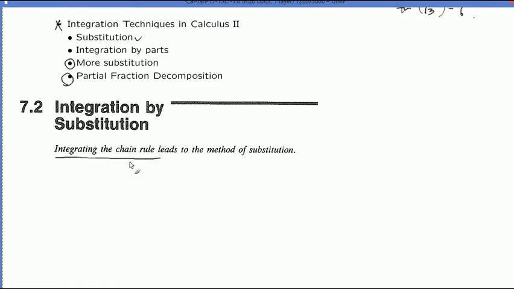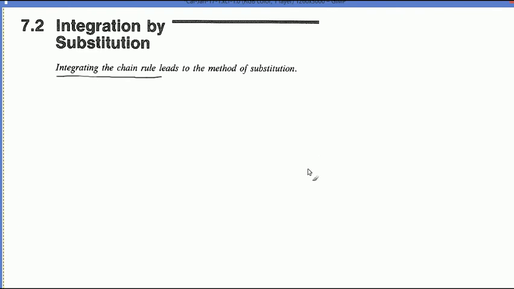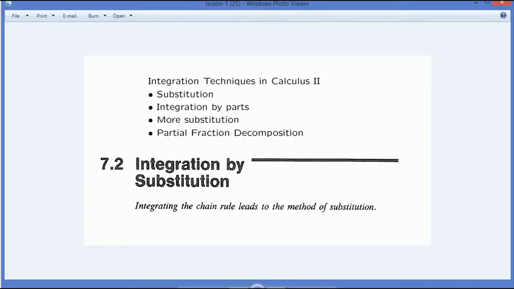So this time we are going to apply the chain rule to our basic functions and think about how to reverse the procedure of the chain rule, and that method is called the substitution method. So the substitution method is the reverse of which differentiation rule? Chain rule. Right, so we're going to look at the chain rule and see how it works.